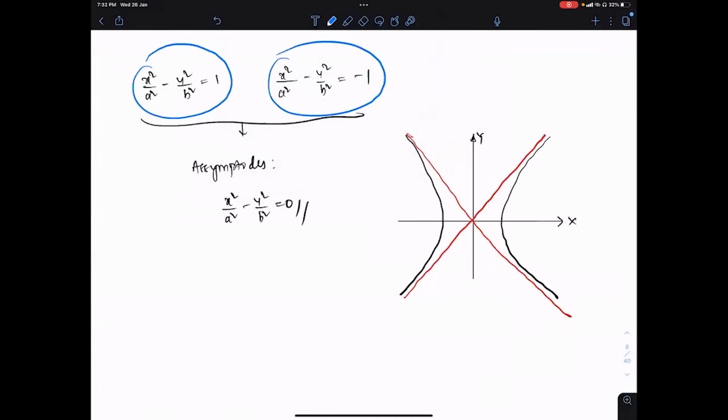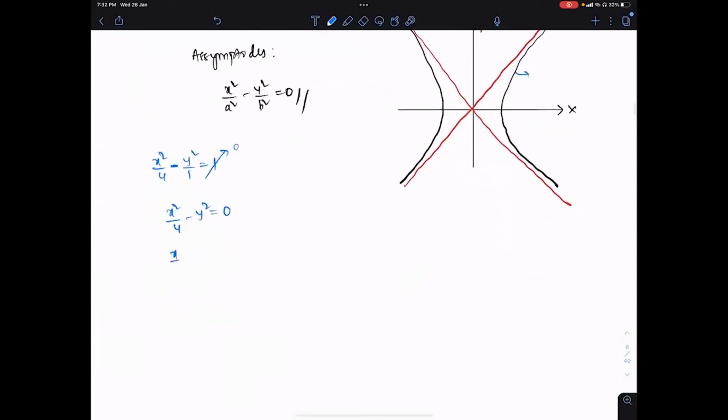Okay, let me take one example. Let's say the hyperbola equation is x square by 4 minus y square by 1 is equal to 1. Then you put this constant 1 to 0. What do you get? x square by 4 minus y square is equal to 0. Which means (x by 2 minus y) into (x by 2 plus y) is equal to 0.